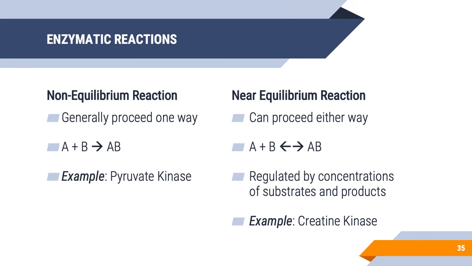These can proceed either way, so substrate A plus substrate B can form product AB, and product AB can also be broken down into its individual substrates A and B. Basically, these near equilibrium reactions are regulated by the concentrations of substrates and products. An example of this is creatine kinase, which we'll talk about more in the ergogenics section of this course.